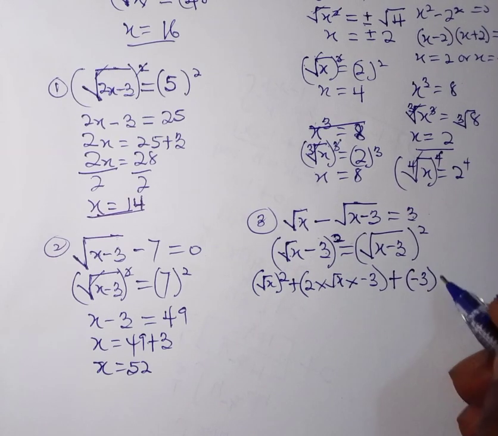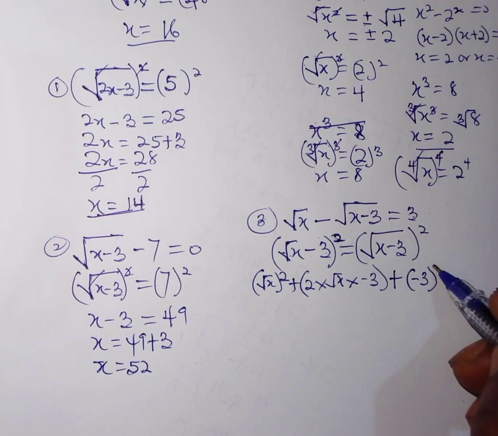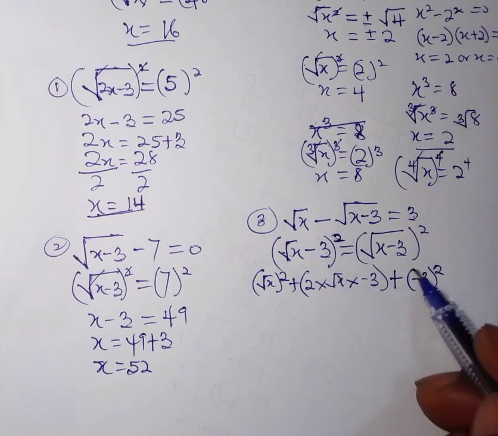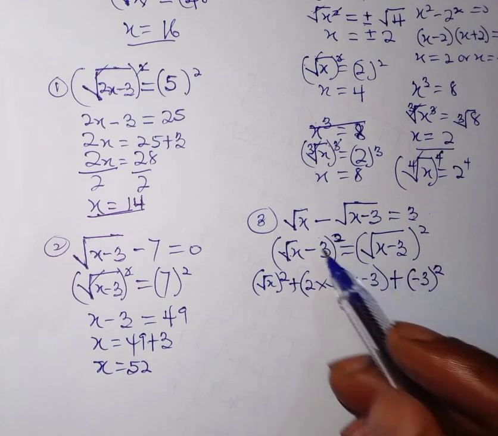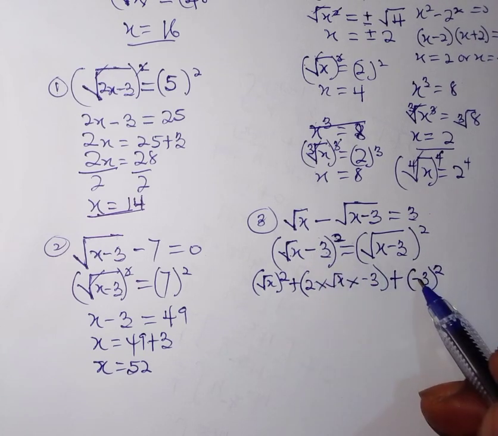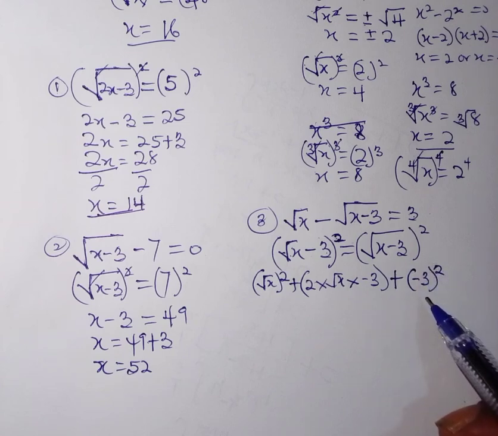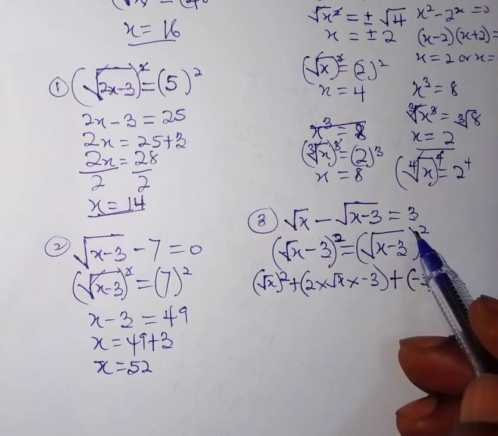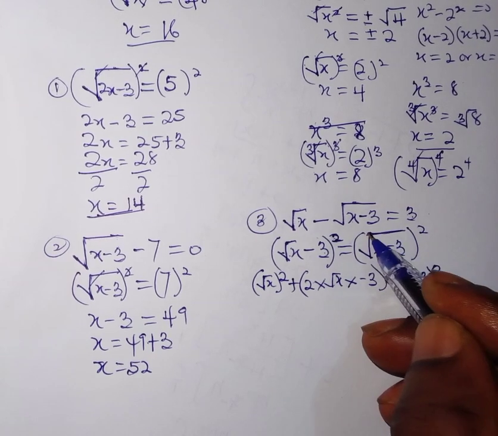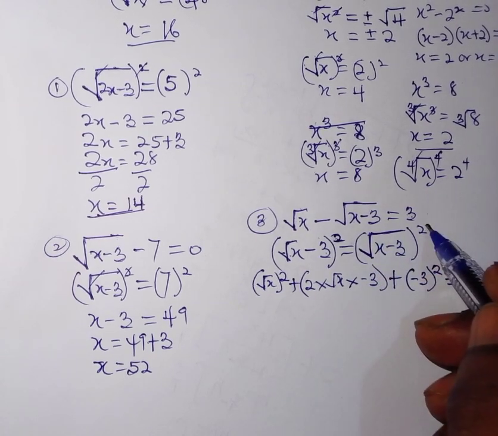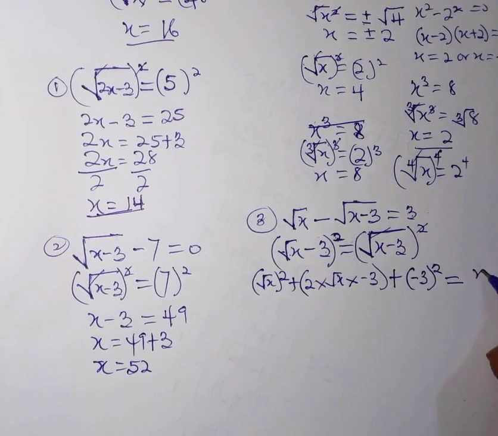Please, whenever you are taking the square of the terms, remember the sign. If it is negative, put all of them in negative. Okay, you see that all of this in negative, and you square all of them. All right, good. Which is equal to this, the square root is affecting all of them, so this one will cross this, leaving x minus 3 behind.